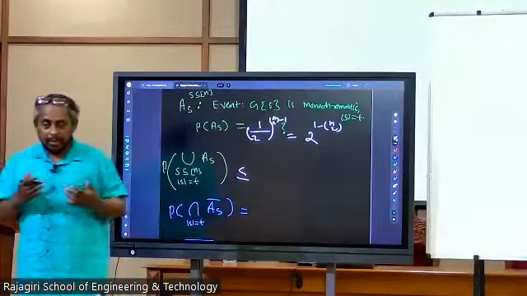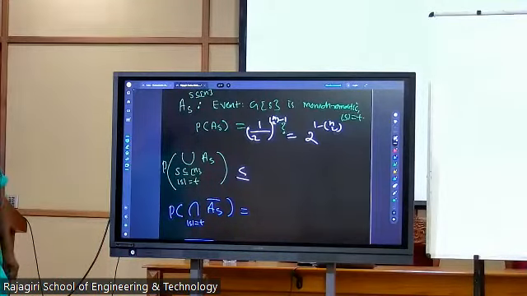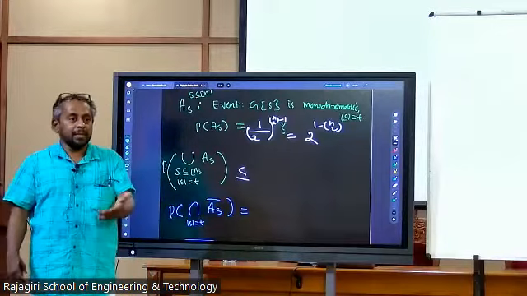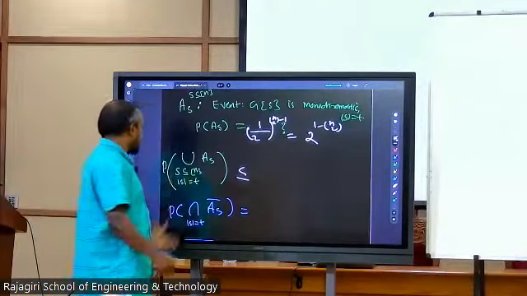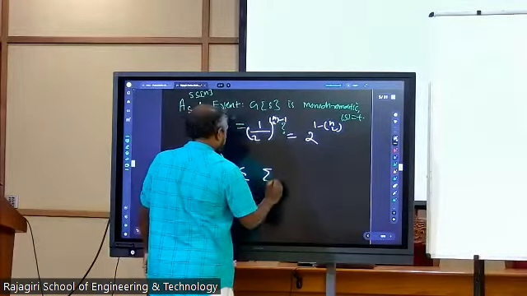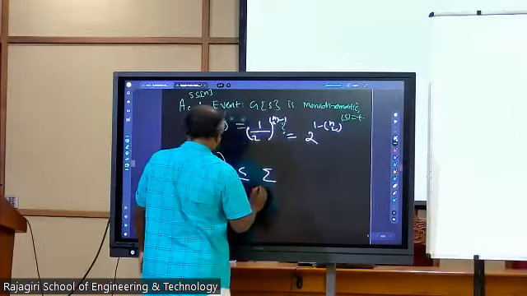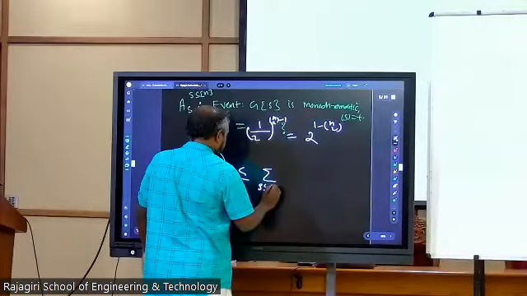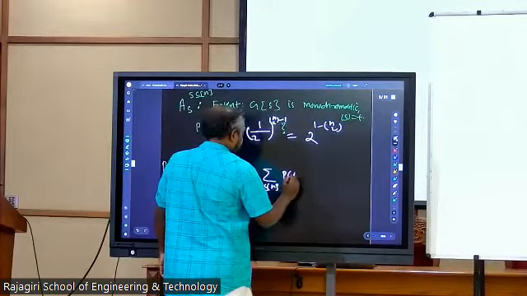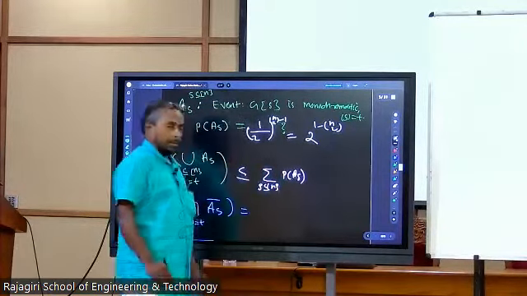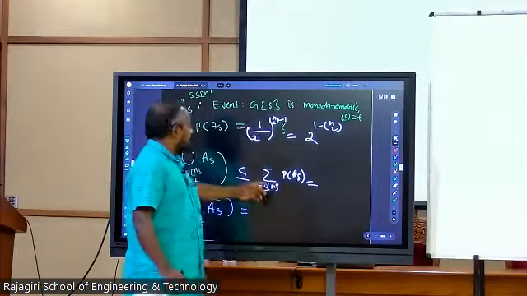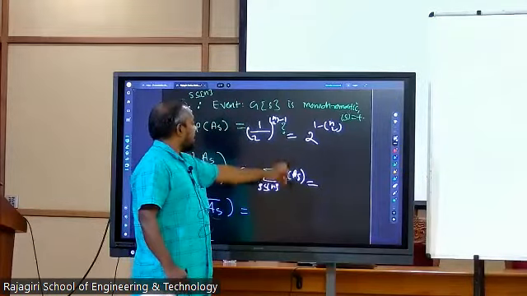Here, the union bound becomes very helpful. The union bound says the probability of a union is upper bounded by the sum of the individual probabilities. So we can write this as less than or equal to the summation over all subsets S of the probability of A_S, which we already know.